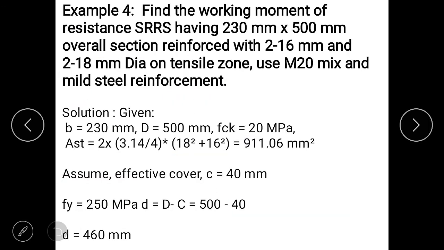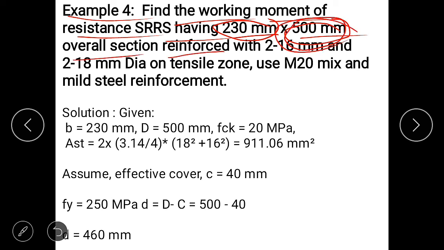Next we start example number 4. Find the working moment of resistance of a singly reinforced section having b 230 mm and overall depth 500 mm, that is, capital D is 500, with 2 bars of 16 mm and 2 bars of 18 mm.